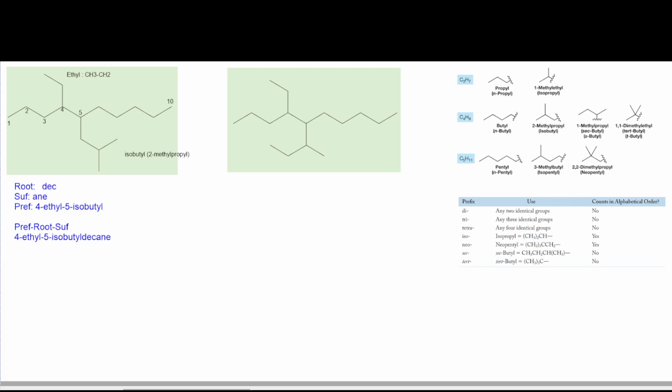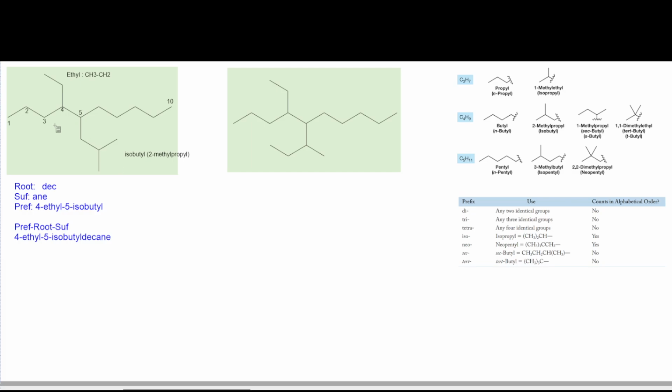At first impression itself, we can see this is the longest carbon chain: 1, 2, 3, 4, 5, 6, 7, 8, 9, 10. Again, it's a decane. This is an ethyl group at the 4th carbon. This is a sec-butyl group. Sec-butyl can also be named 1-methylpropyl.